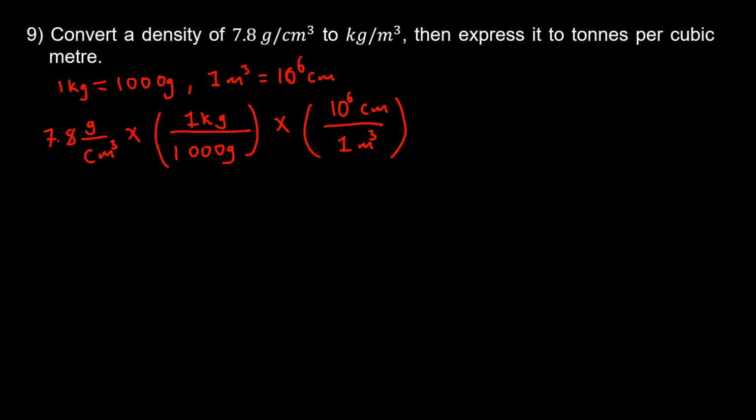So let's cancel out what we don't want. So the gram and the gram can cancel out. The cubic centimeters and the cubic centimeters can cancel out. And then we only remain with the kg and the cubic meters.